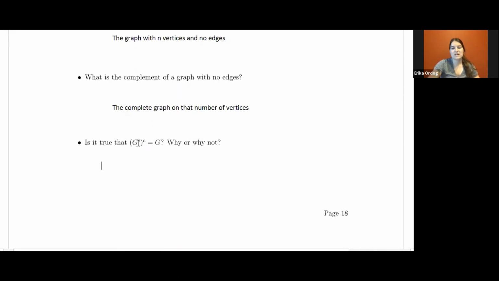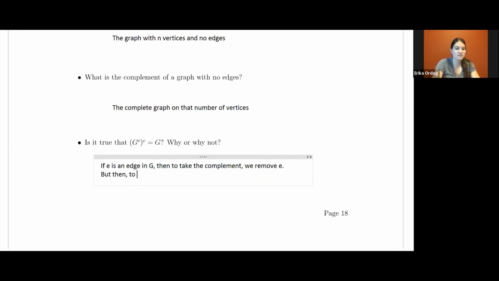Let's think about the edges that are in G. To take the complement, we erase. So if e is an edge in G, then to take the complement, we remove e.